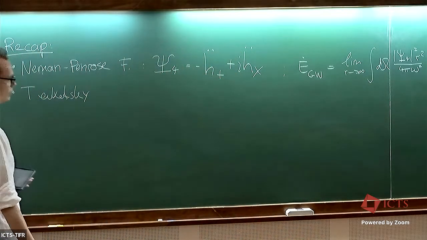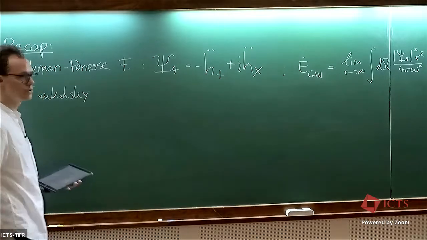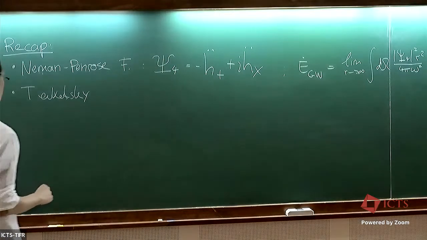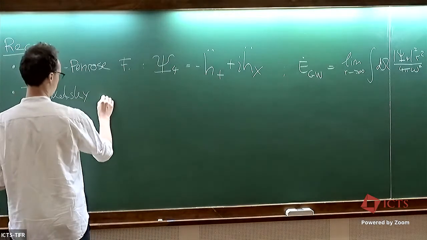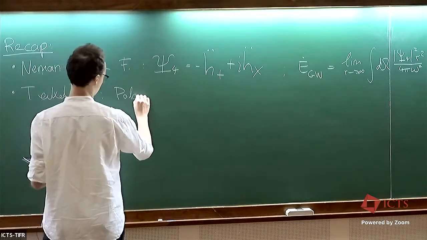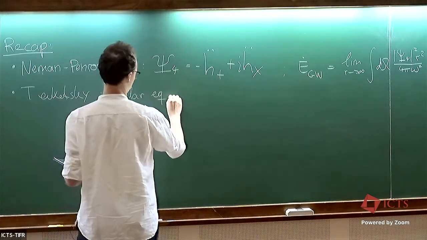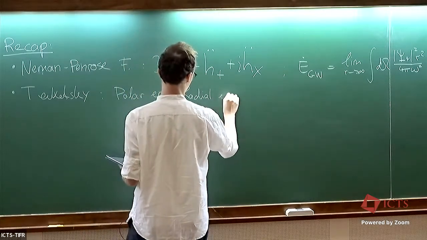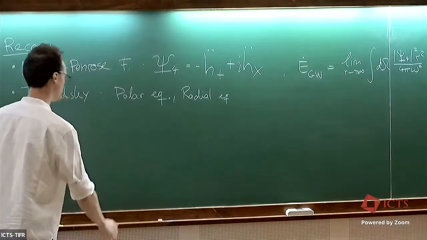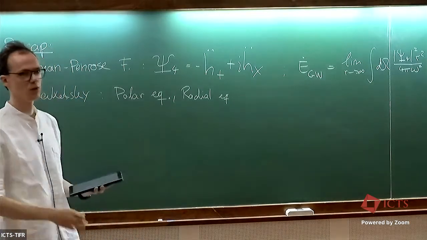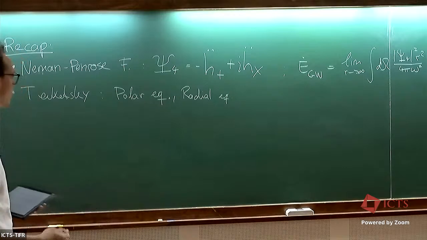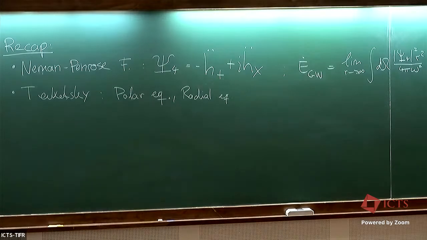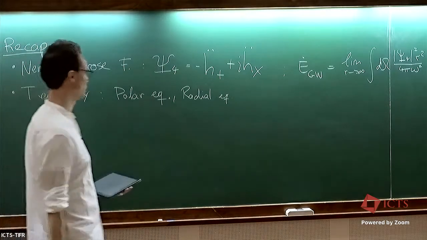And Teukolsky was able to reduce this problem to a set of 2 second order ODEs, a polar equation as well as a radial equation. And the solution for the polar equation, we assumed we knew, which we called the spin-weighted spheroidal harmonics, similar to the spherical harmonics, just slightly different.